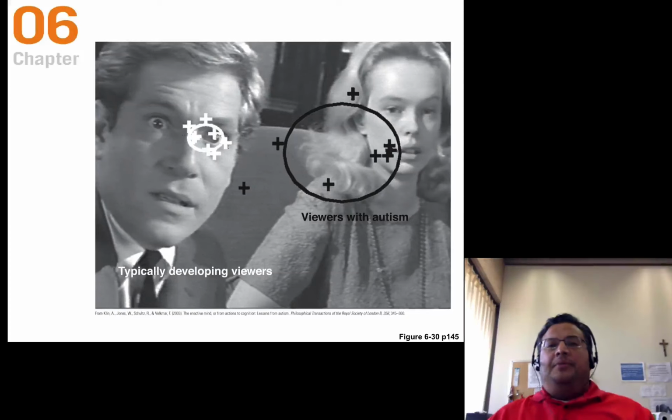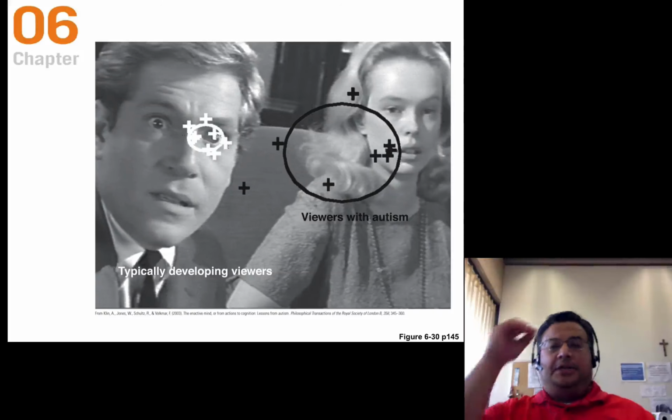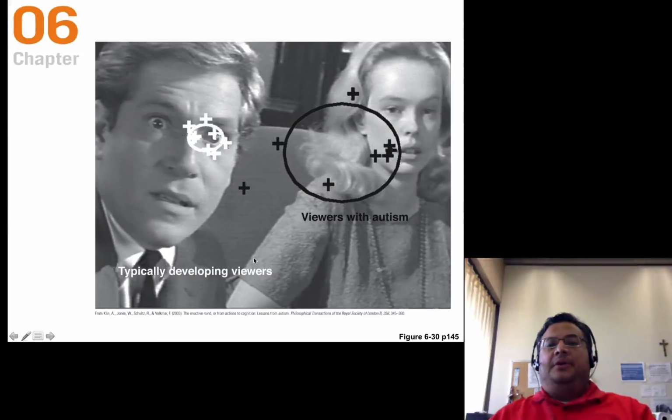Whenever we're watching a movie, people who are not autistic focus on very specific things in a particular scene. Movie directors know this, and a good director will frame a shot properly so that your attention is focused on the right thing. Here we have an example of this scene between this man and this woman, and apparently this dude's looking at something that's scaring him, and that's leading to the plot.